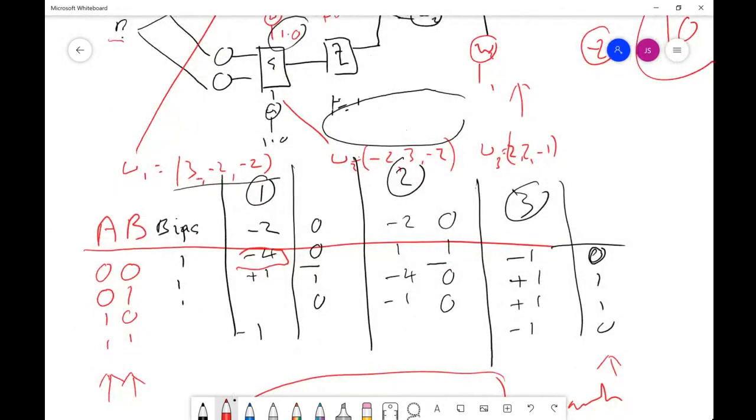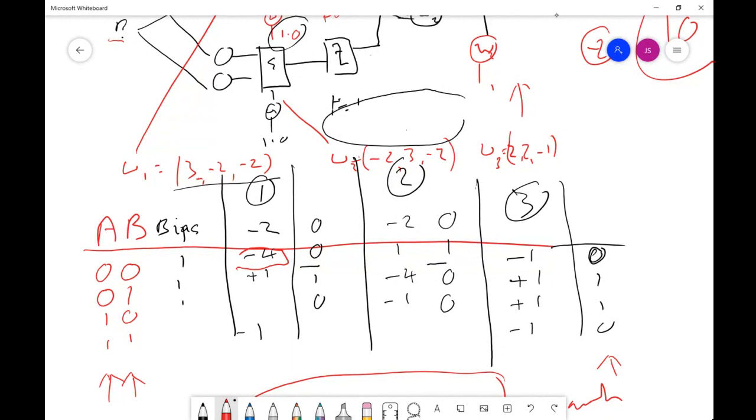And for the last one, I've lost my way now. Yes, there's the 4, 0, 0, 1, 0. -2 is 0, -4 is 0, +1 is 1, and hey, what's gone wrong there? -1, that's -1, yeah, sorry.